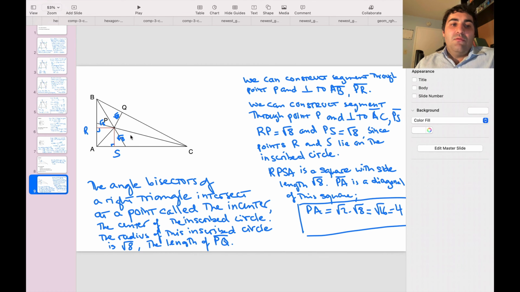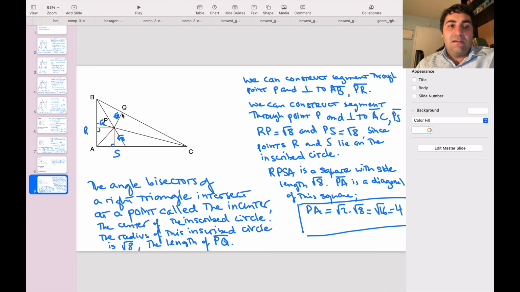So it will pass through point Q and then point S and point R, which we're going to later talk about. But that's going to be important because we know that the length of PQ, square root of 8, is actually going to be the radius of this incircle.